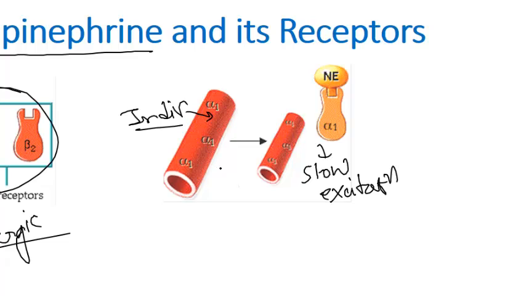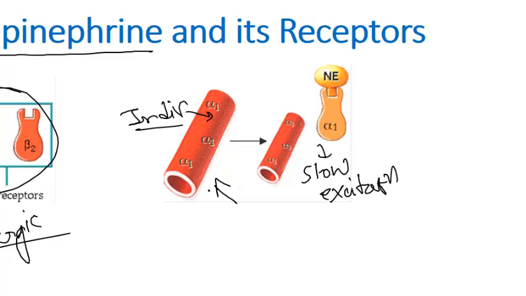This causes smooth muscles to contract, and alpha 1 receptors are located mostly on the blood vessels, as you see in this picture, which supply the skin, mucous and abdominal viscera. Norepinephrine is excitatory at alpha 1 receptors, so it excites them, but it's a slow excitation.